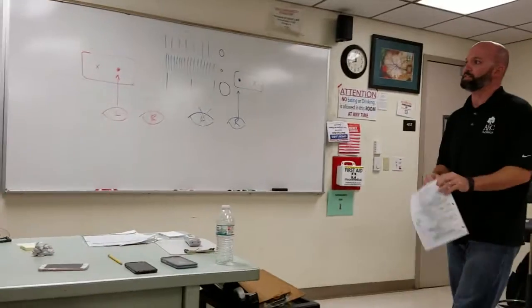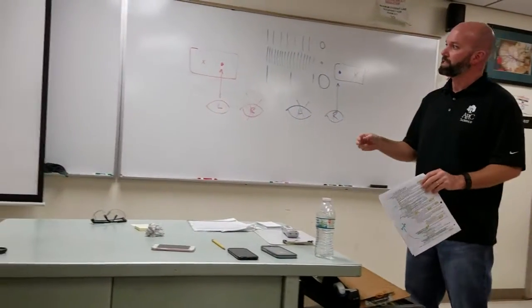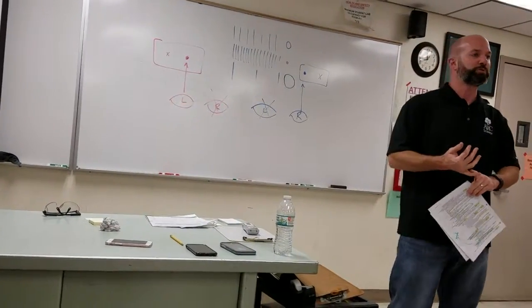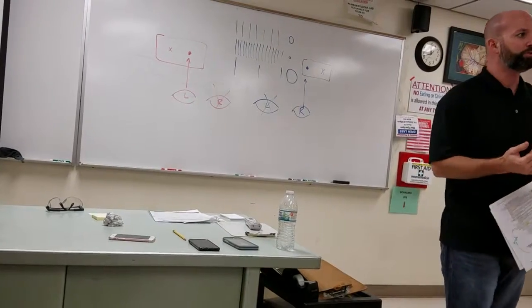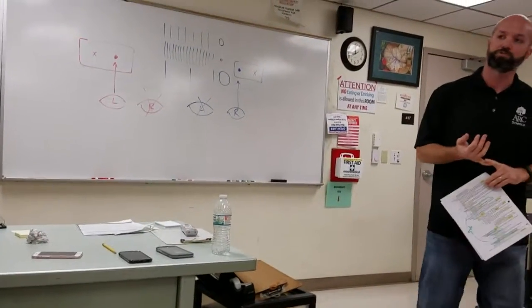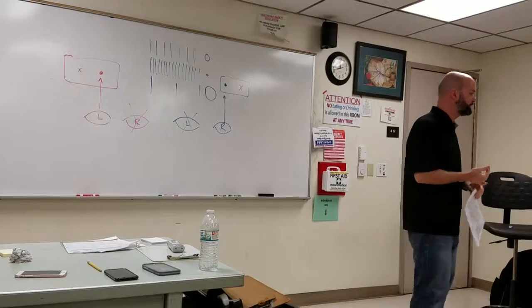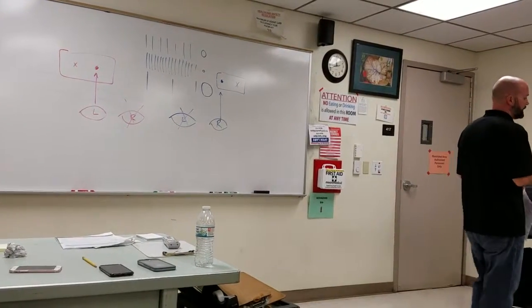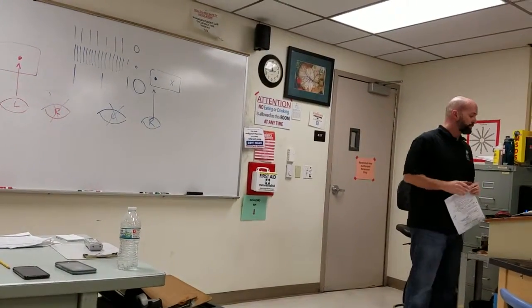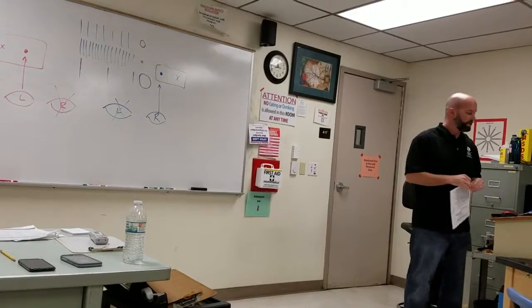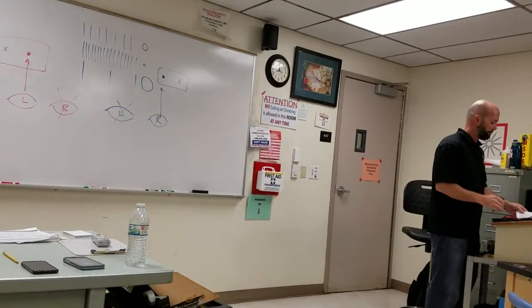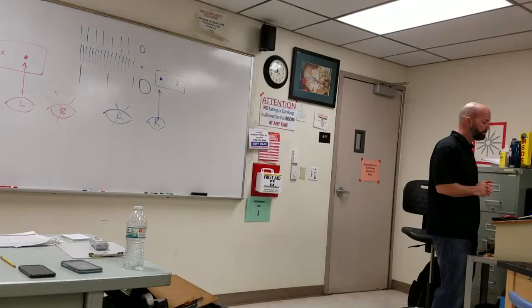And I mentioned this last time. The two systems work together. Parasympathetic is responsible for arousal phase, which includes engorgement of erectile tissues, penis in males, clitoris in females, breasts in females. And then sympathetic is responsible for the orgasm phase in both males and females. Other than that, they oppose each other.